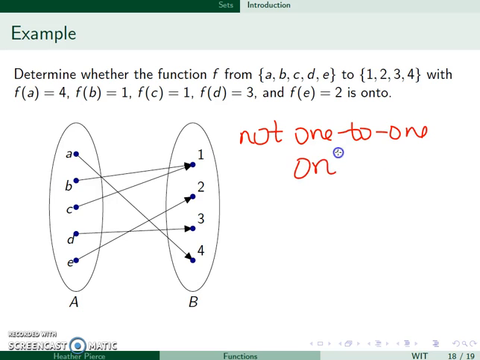However, it is onto because everything in the second set has something being assigned to it. So we did 4 examples: one that was both one-to-one and onto, one that was neither, one that was one-to-one and not onto, and then one that was not one-to-one and onto. So we can have any combination of these two properties.